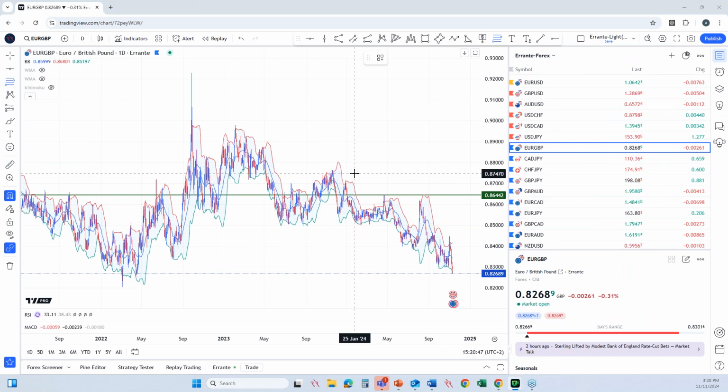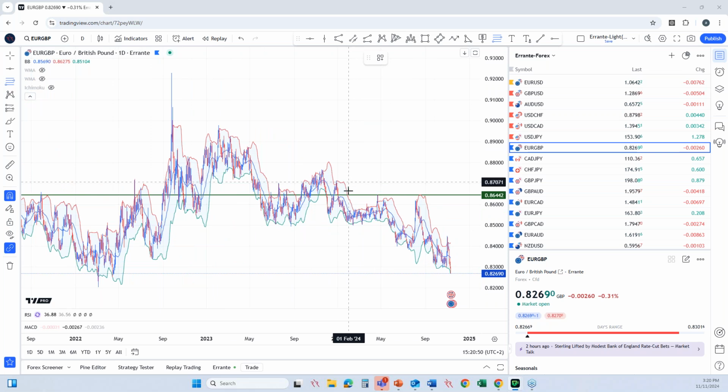Okay, let me make a bit square to make it better.